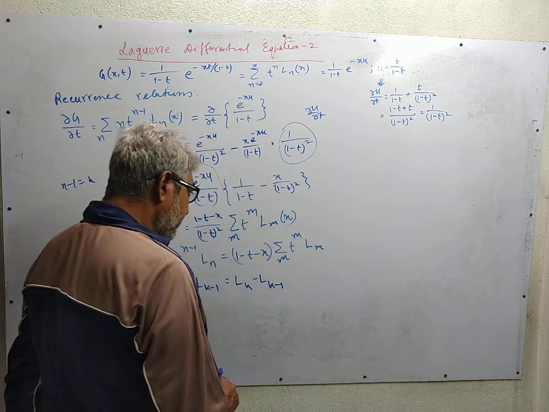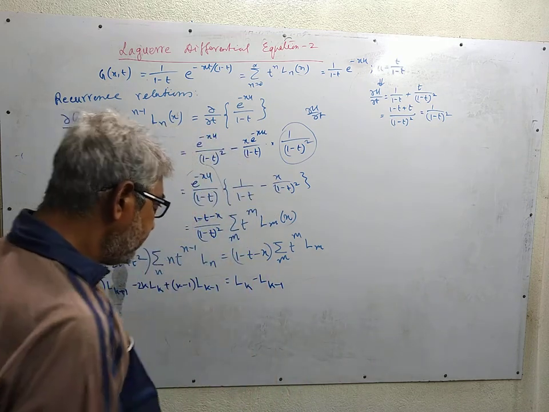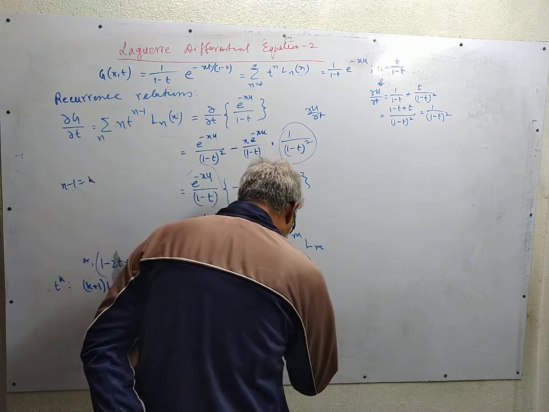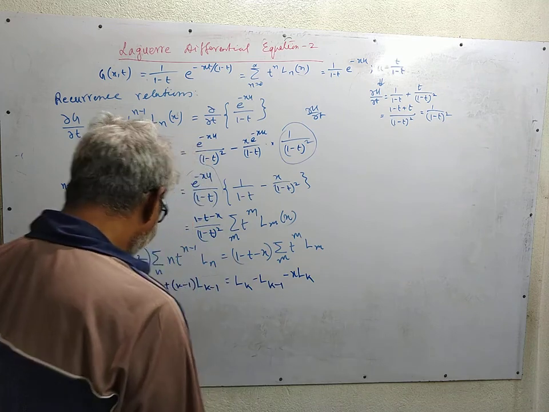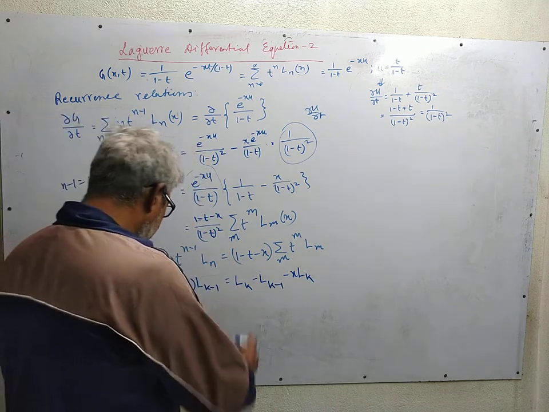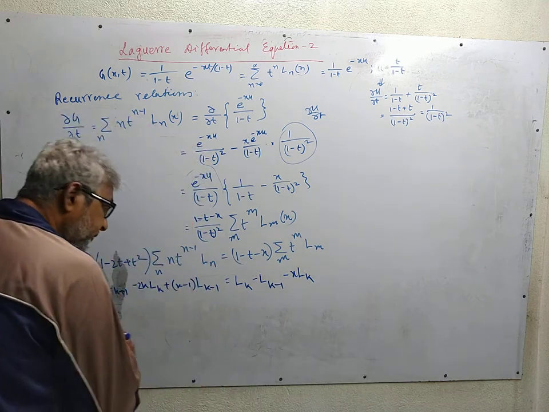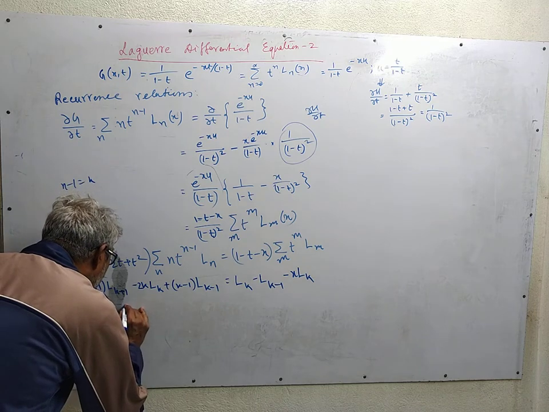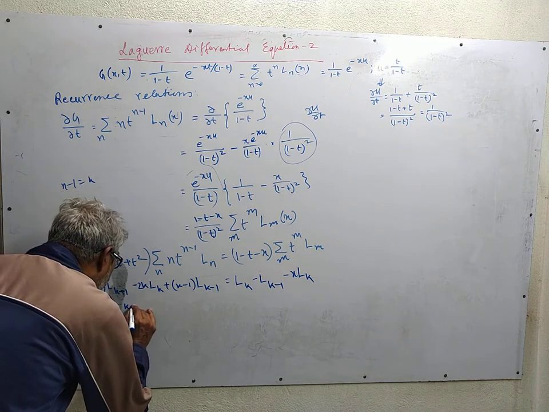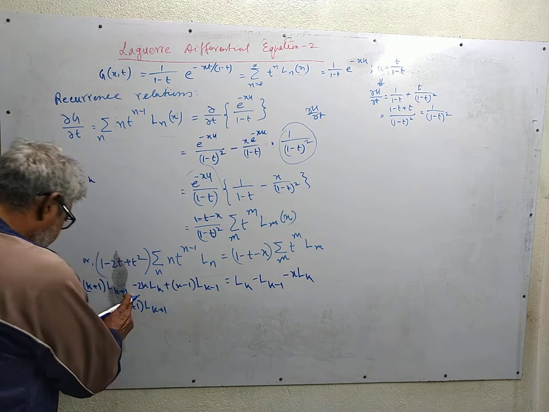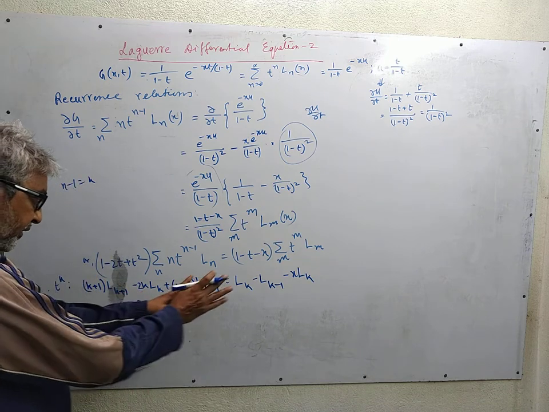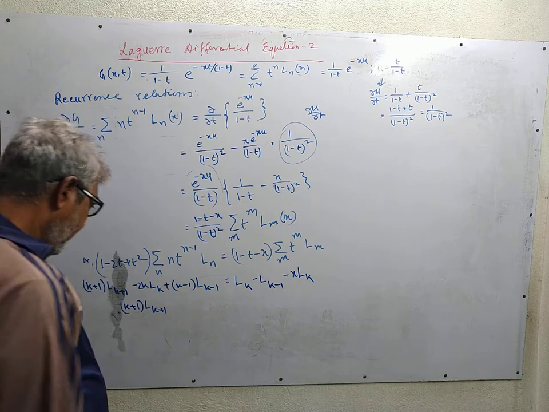And the second term contributes again when m is equal to k, so minus Lk. If we take the whole, simplify this one, we get (k plus 1) L of k plus 1. This is kept on the left hand side, and every other thing is taken on the right hand side.